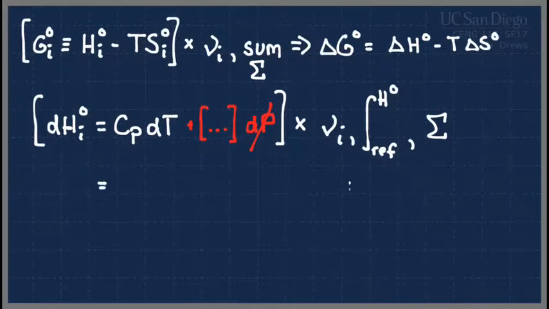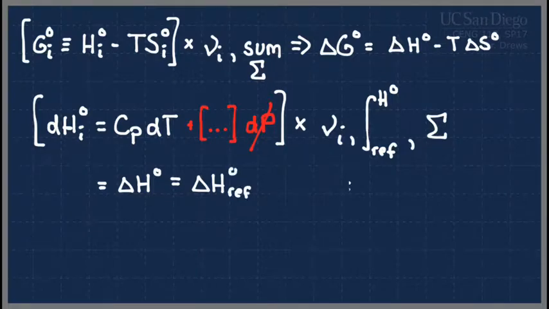The end result, then, is that a delta H circle is equal to some reference delta H circle plus an integral of temperature, integrating anywhere from any T ref up to any temperature that we want, times a delta Cp times a dT.